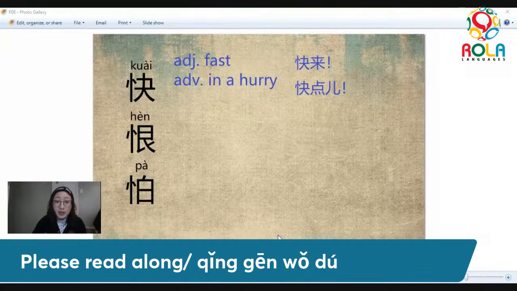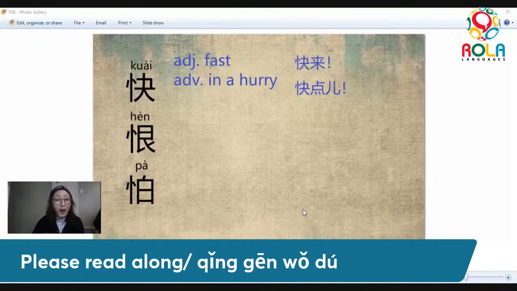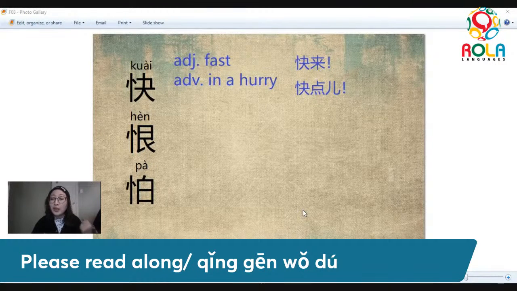If you ask somebody to come over, you can say, hey, 快来, quickly come. Or 快点儿, which is a shorter term for 快一点儿, hurry up a bit. So you can simply memorize 快点儿 as meaning hurry up.